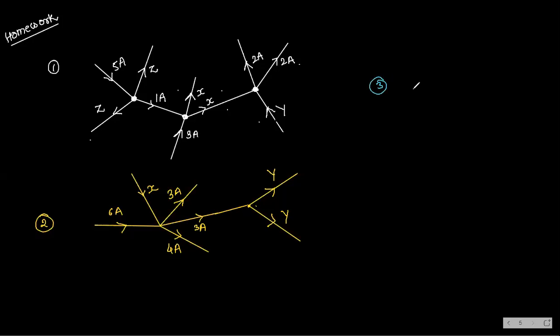Sir, why am I getting a negative answer for Y? In the first problem? If you are getting X as negative 5, it means you have to change the direction.